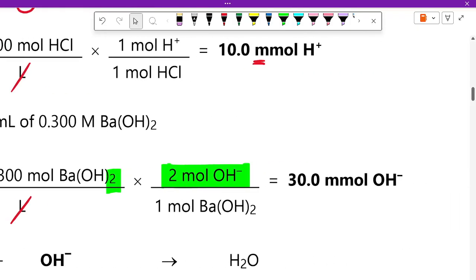And at that point, you should be able to say, who is the limiting reactant, H or OH? H is the limiting reactant, and OH is the excess. So we are going to use up all of the H.